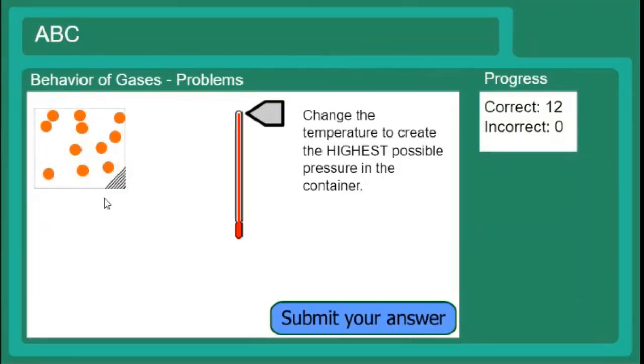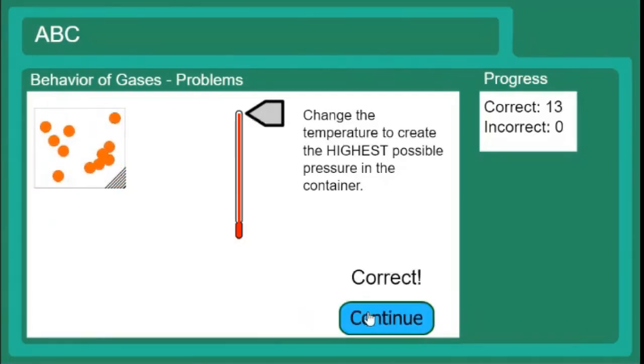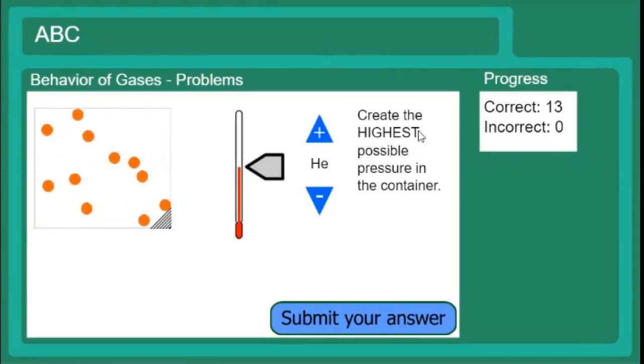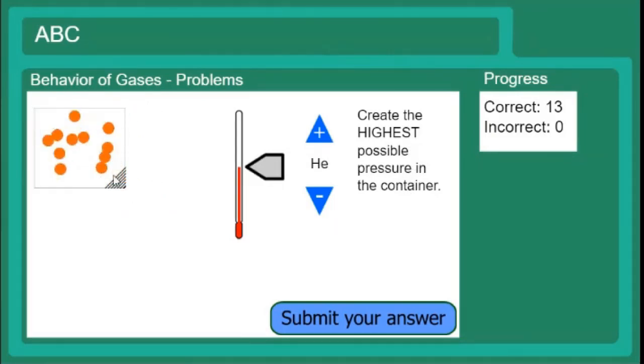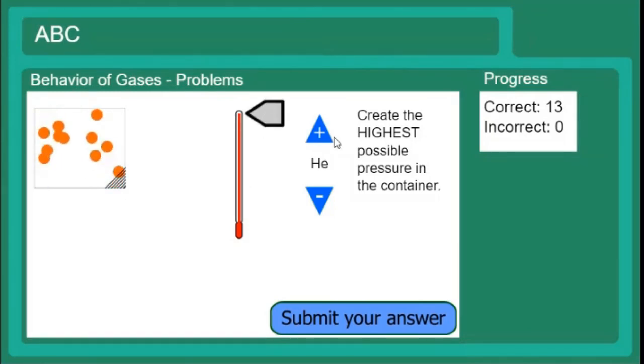Jangan lupa container maksudnya volume. Kalau nak highest pressure, volume kena kecil, temperature kena increase. Okay, yes. Lagi tambah sampai maximum. So meaning that number of particles, temperature, and the volume will affect the pressure.